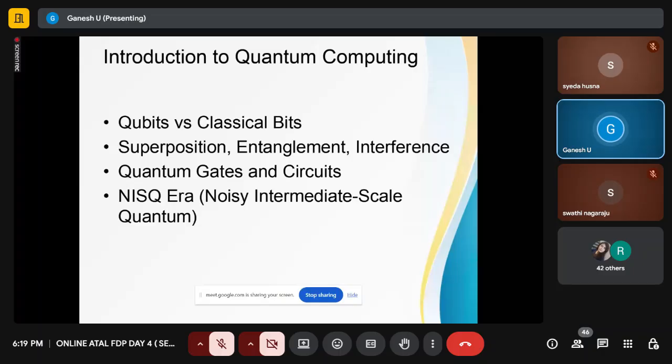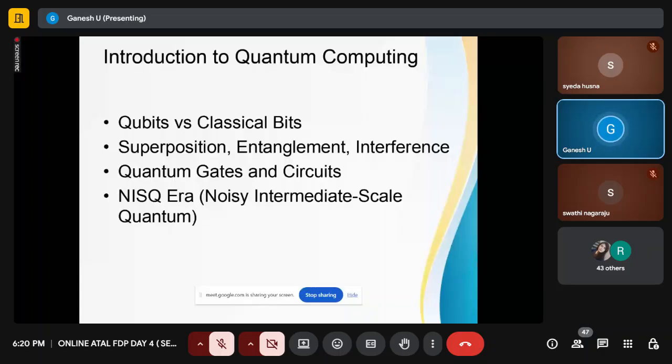While it is spinning, it is 0 or 1, 0 to 1, and there are plenty of possibilities. Those possibilities may be 0.1, 0.112, 0.123, 0.21, like that. There are plenty of possibilities in superposition.